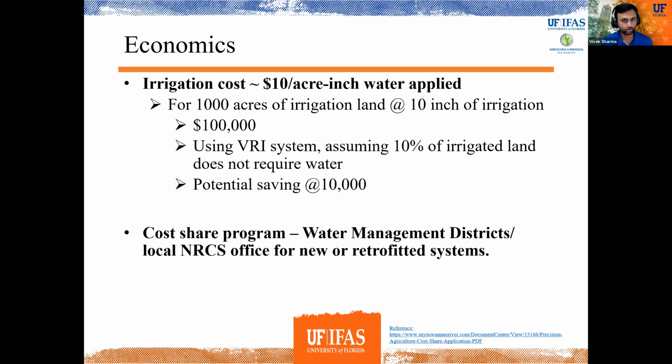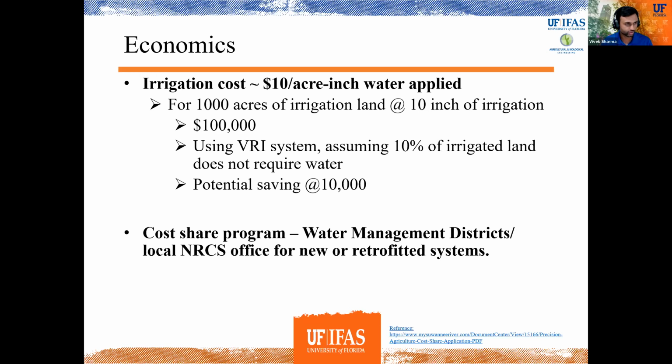Suppose the average cost of irrigation per acre inch is about $10, and you are irrigating about 1,000 acres, that accounts for about $100,000. And by using the variable rate irrigation system, if we assume that 10% of your land doesn't require irrigation, or you save 10% of water, then it's a potential saving of about $10,000, and I believe it's a significant saving.